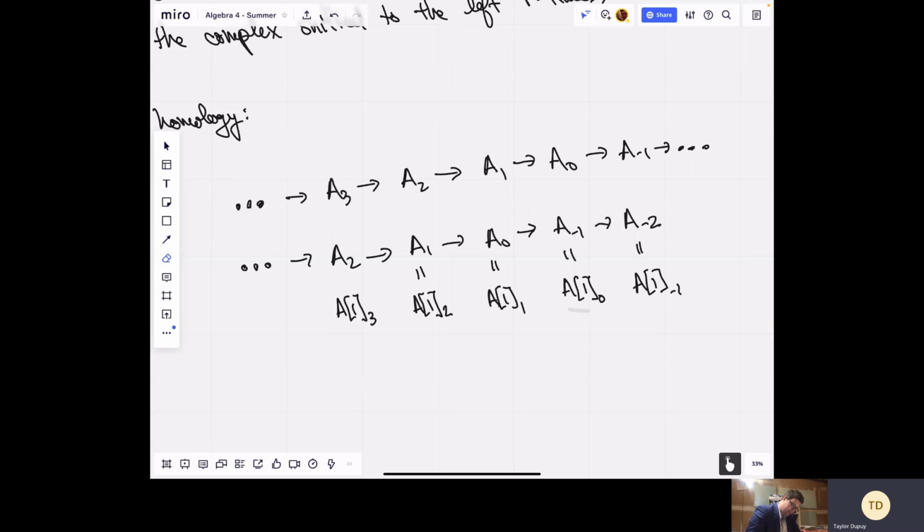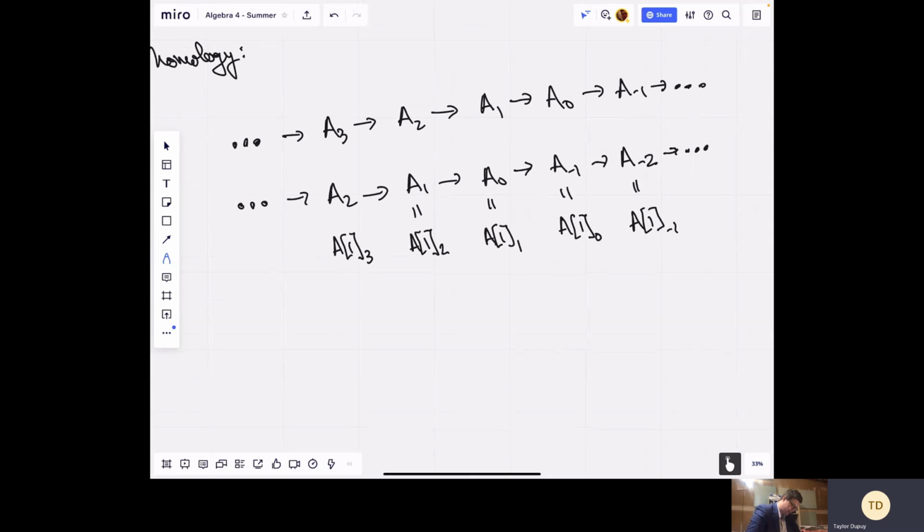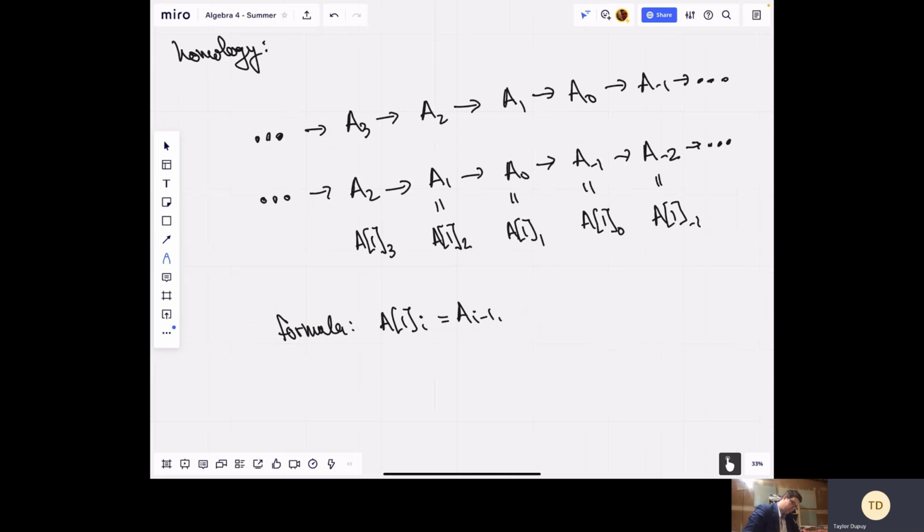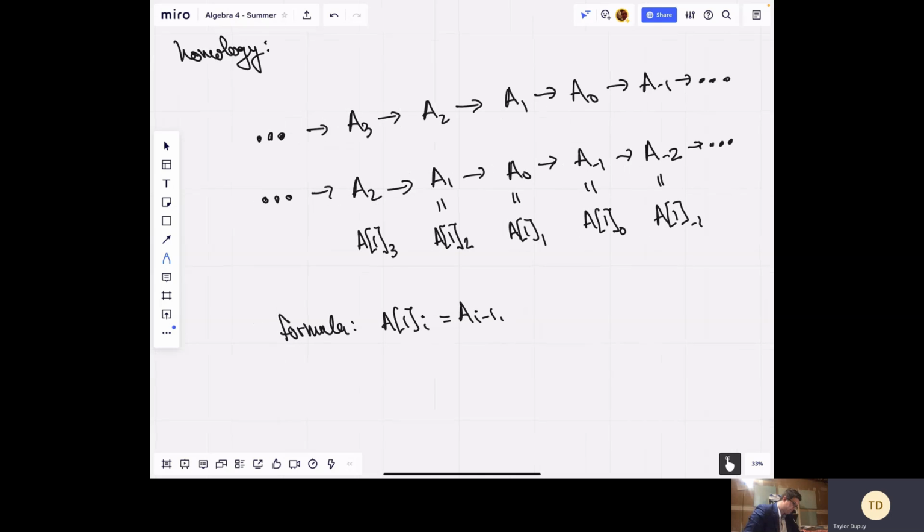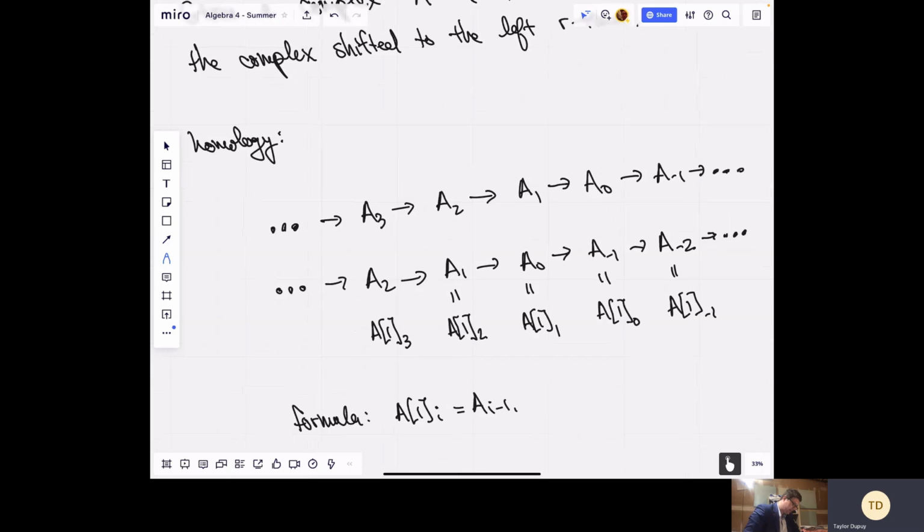So it's important what component they sit in. This continues. The formula that we get for this is that A[1]_i is A_{i-1}.